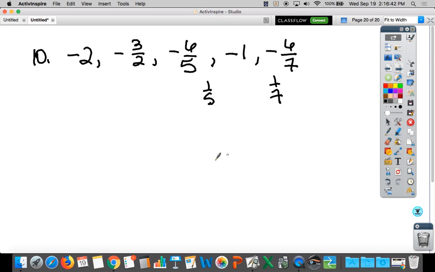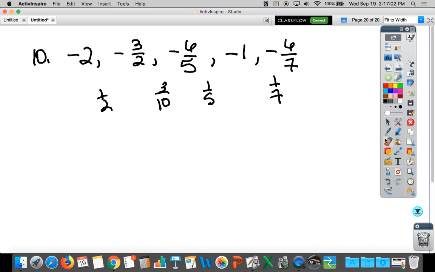Am I doing that right? Did everybody get 3/10 like me? Okay. Negative 3 halves minus negative 2. 1/2. So looking at this, does there look like there's any sort of pattern?